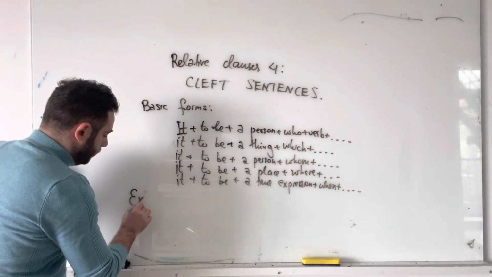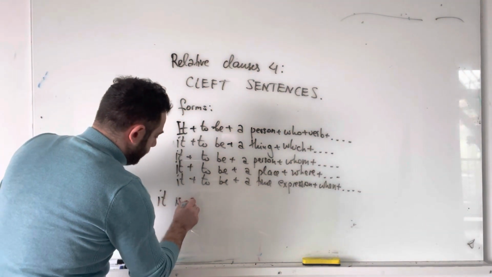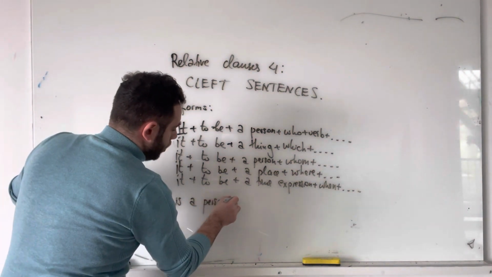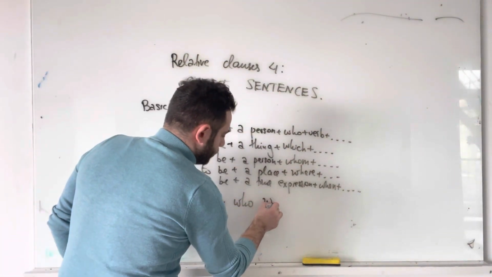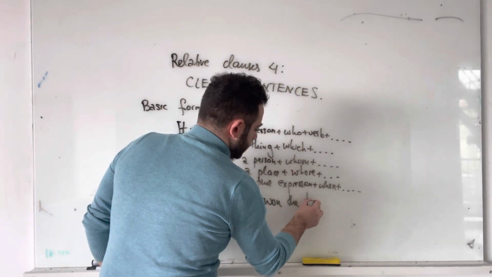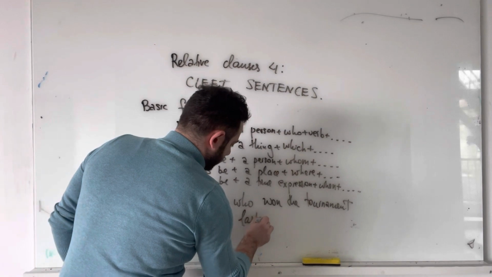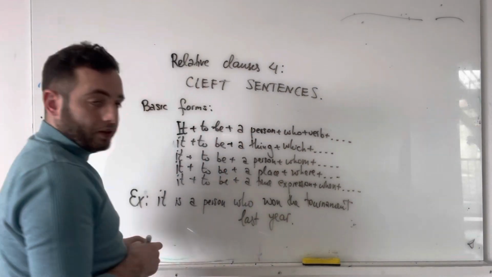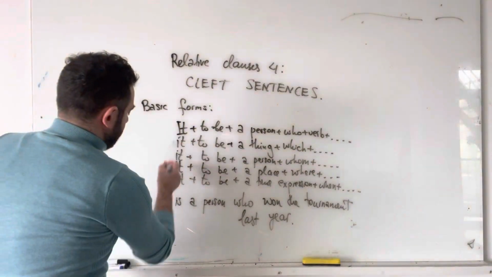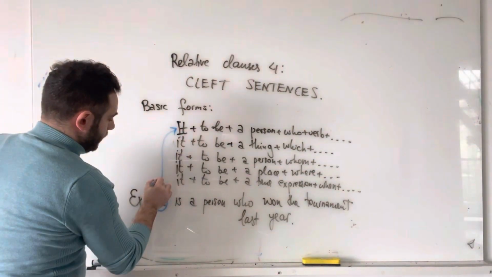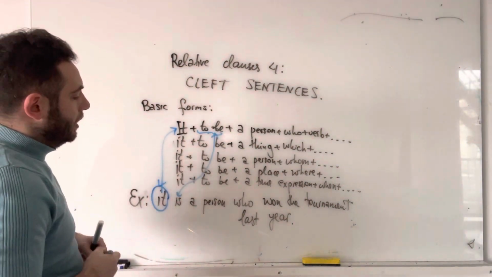Let's look at an example. It is a person. It's a person who won the tournament, for example, won the tournament last year. So in this sentence structure, if you look carefully, we see the same "it" here, and "to be" is "is." Here "a person" has an article.